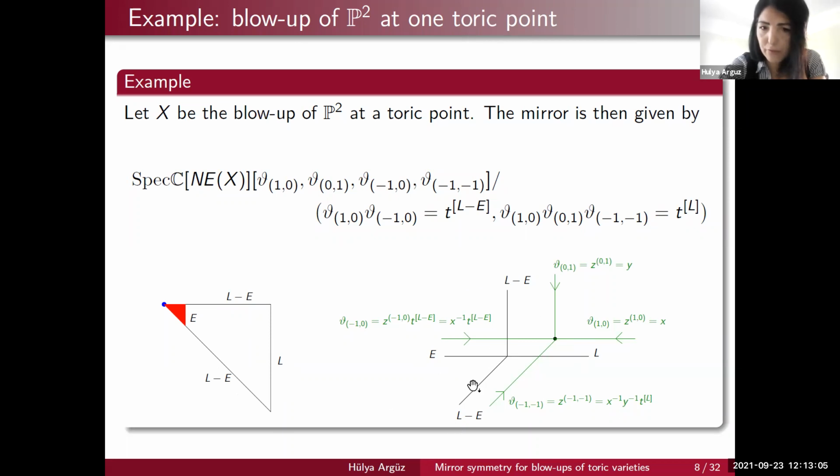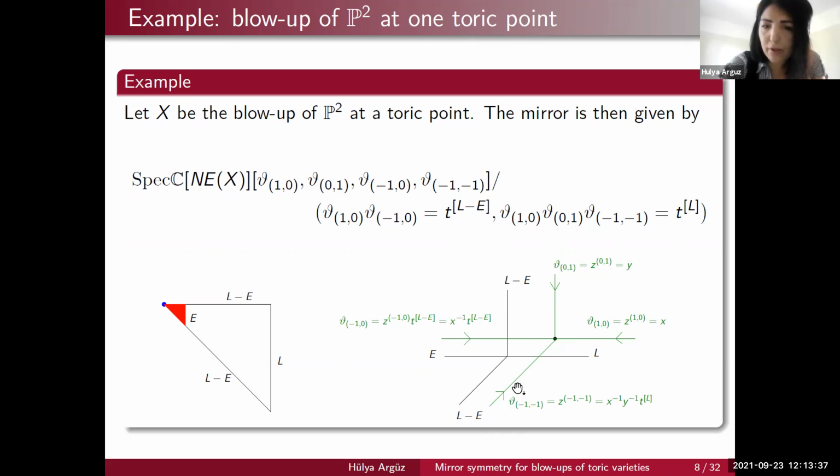I have 4 unbounded directions corresponding to 4 rays. So my θ_(1,0), if I come from the (1,0) direction, will be x. If I come from the (0,1) direction, it will be y. If I come from the (-1,0) direction, it will be x inverse T^(L-E), because if I come from the (-1,0) direction, I start my life at x inverse, but I do cross this ray which carries the kink L minus E. So it changes to this.